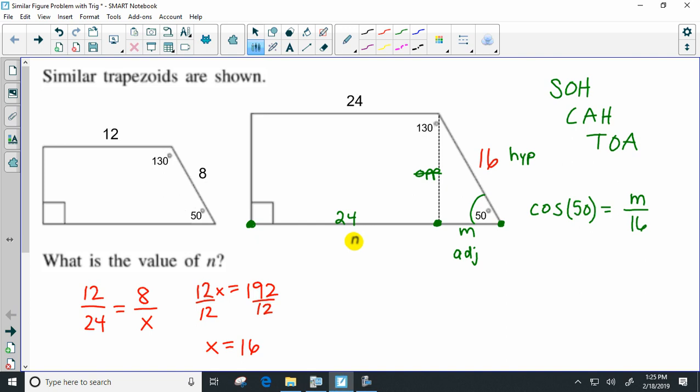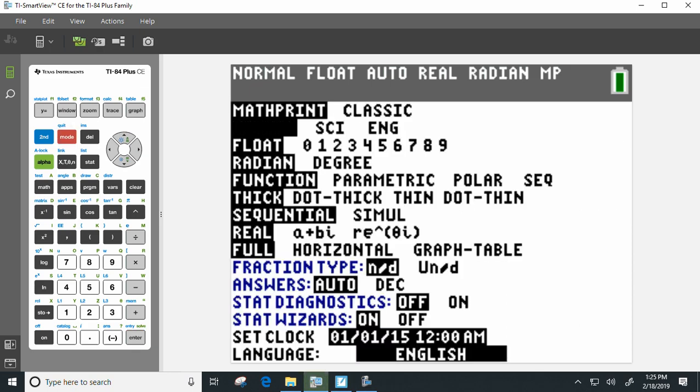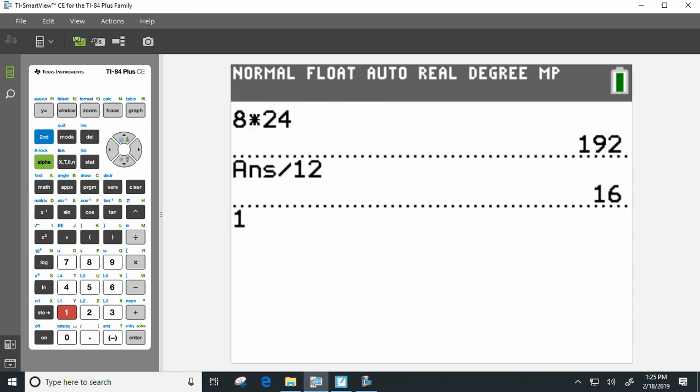And the variable is up high, so you multiply. So 16 times the cosine of 50 is equal to m. Let me put that in my calculator. Mode, make sure I'm in degrees. Here it is, and I have to do 16 times the cosine of 50.